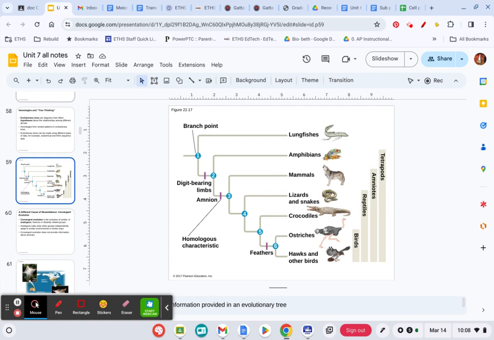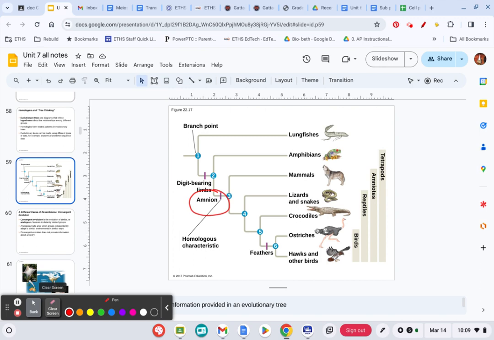And so here's one where you can see a whole bunch of different critters and how closely they are related to each other. Lungfish, amphibians, all the way through hawks and birds and other birds. And so we can figure those out based on different things they have in common.